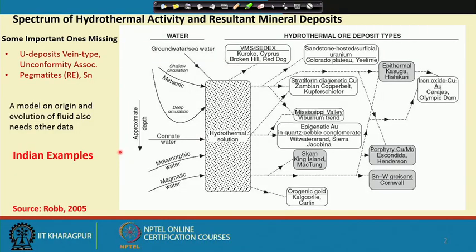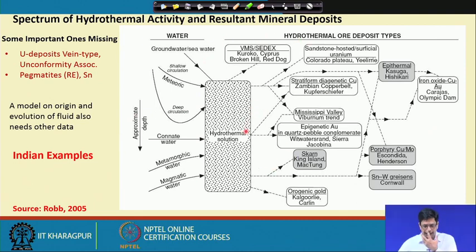Now, let us have a brief look at this particular diagram, which is taken from the book of Lawrence Robb, Introduction to Ore Forming Processes, where it is a kind of synthesis or categorization of the different deposit types based on the source or the nature of the water or the hydrothermal fluid, arranged in increasing depth.